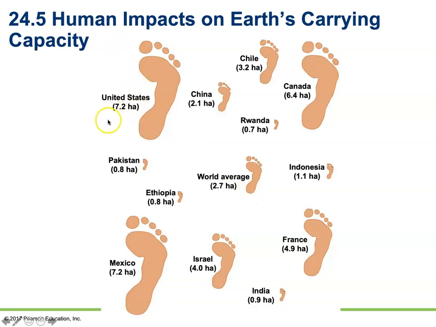In the United States, we have a footprint of 7.2 hectares per individual, which is matched by Mexico, and Canada is almost as large at 6.4 hectares. What we're going to find is most of the rest of the world has a significantly smaller ecological footprint.